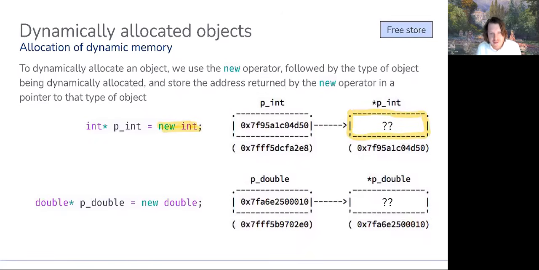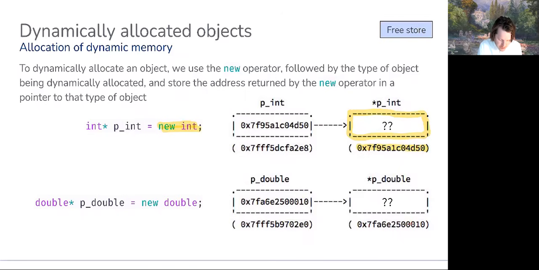Now notice that this is an object of the primitive type. Its initial value is unknown. It's whatever's left over in the memory that is now being consumed for our integer object. Notice that this object on the free store has an address. Now we need to store that address somewhere, otherwise we'd have no way to access this object.